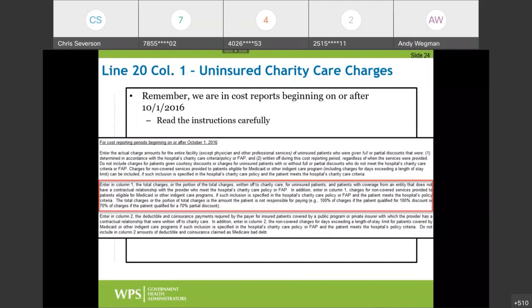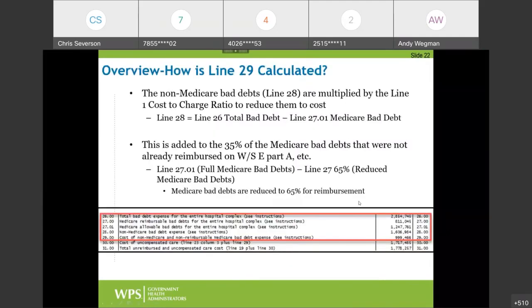There was a public comment that said this whole idea, let me go back to that slide, this whole idea of subjecting all non-Medicare bad debt expense to the cost charge ratio and not subjecting Medicare to the cost charge ratio is almost based on an assumption that non-Medicare is a charge amount, which, as you just said, quite a few of them won't be. They're regular patients or regular insured patients. So why are we subjecting a co-insurance and deductible to a cost charge ratio?